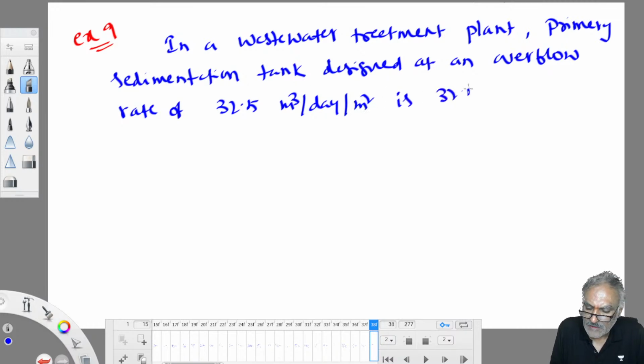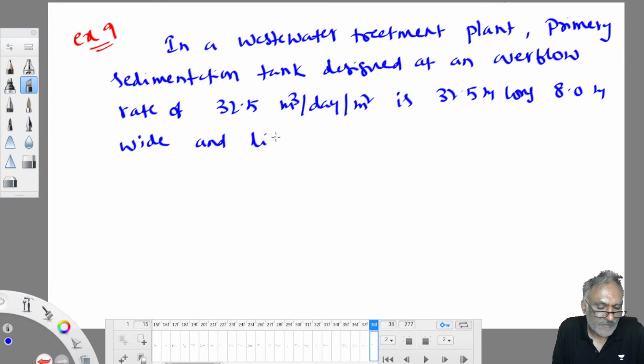The tank is 32.5 meters long, 8 meters wide, and liquid depth 2.25 meters.